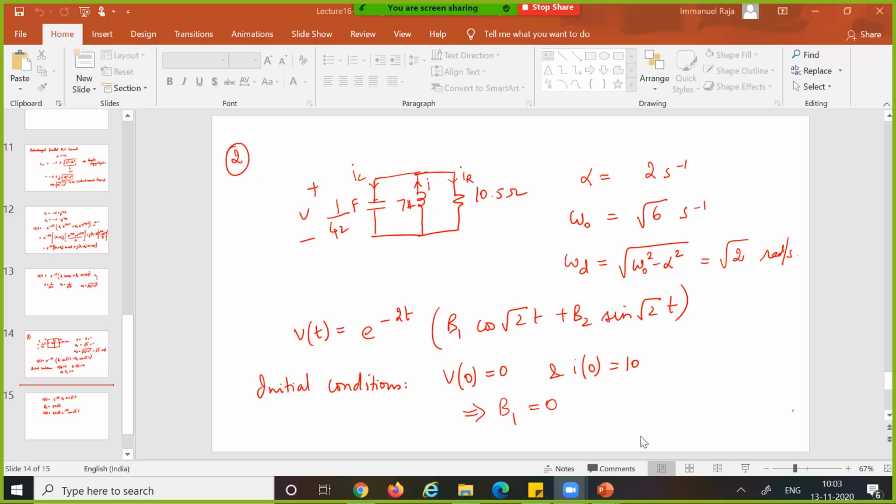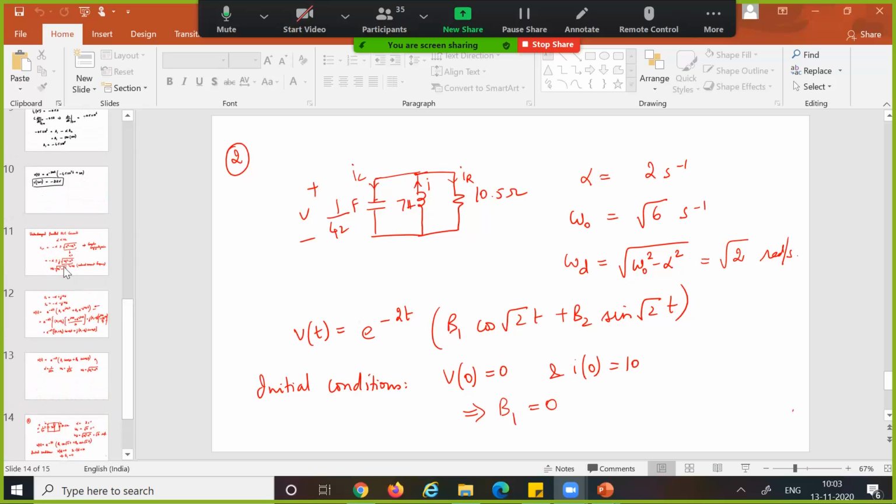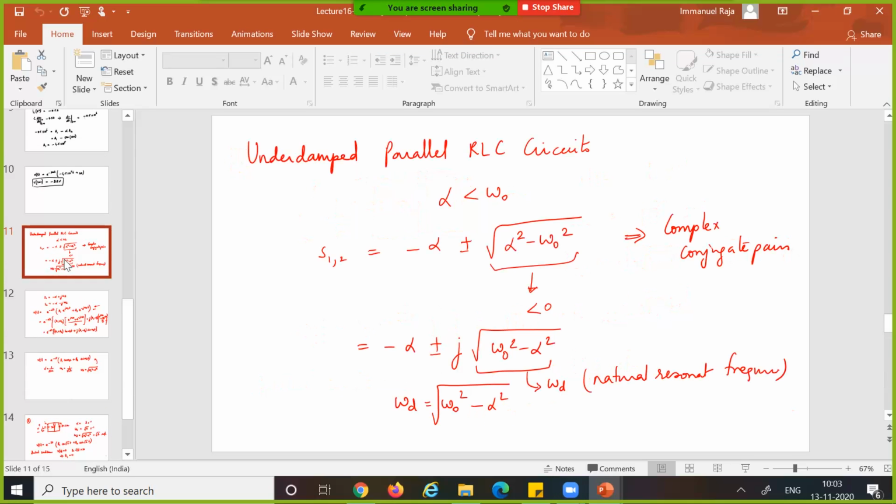So in the previous class, I know that was quite some time back, we were looking at the underdamped system, and I'm just going through last class notes. So what do we mean by an underdamped system? When the quantity under the radical sign is negative, which basically means that alpha is smaller than omega naught, then what happens?